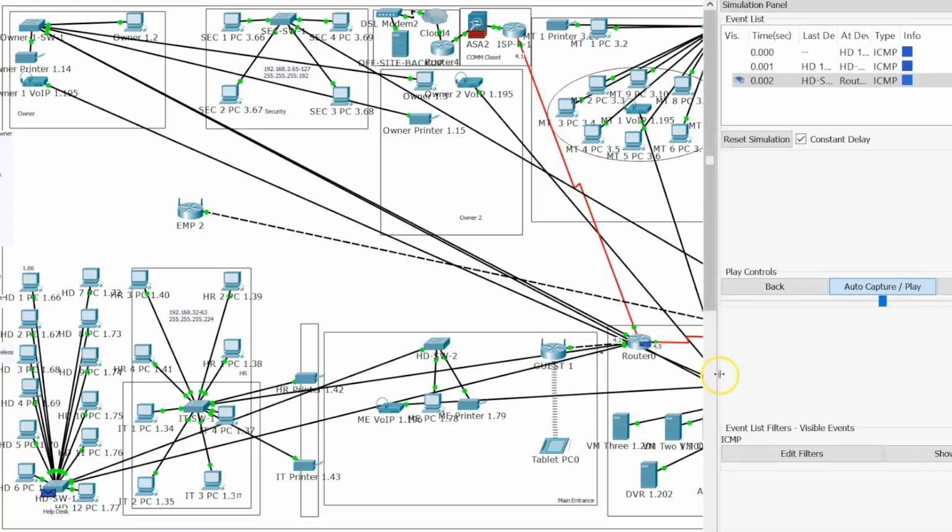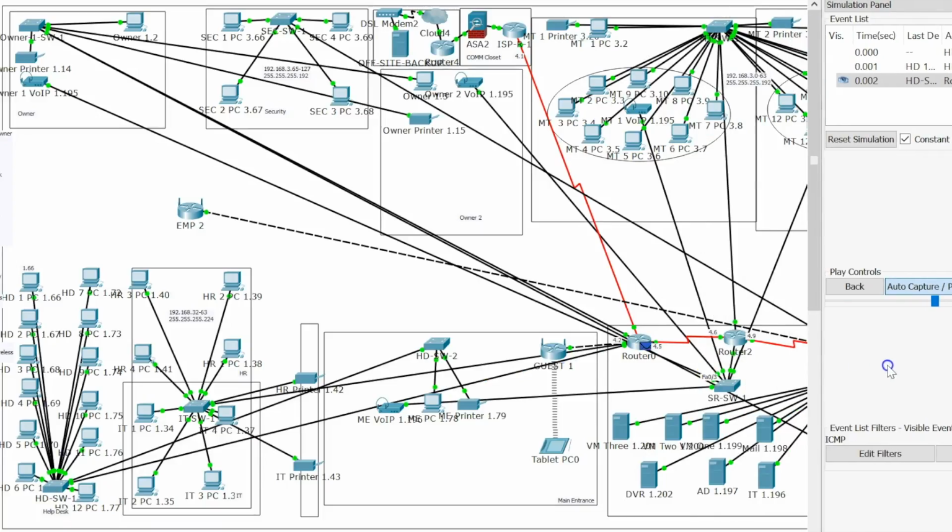So from here, the PC had talked to the switch, and the switch forwarded it to the router, and that router knows where the network is, so it's passing it on the chain to the router it needs to go to.